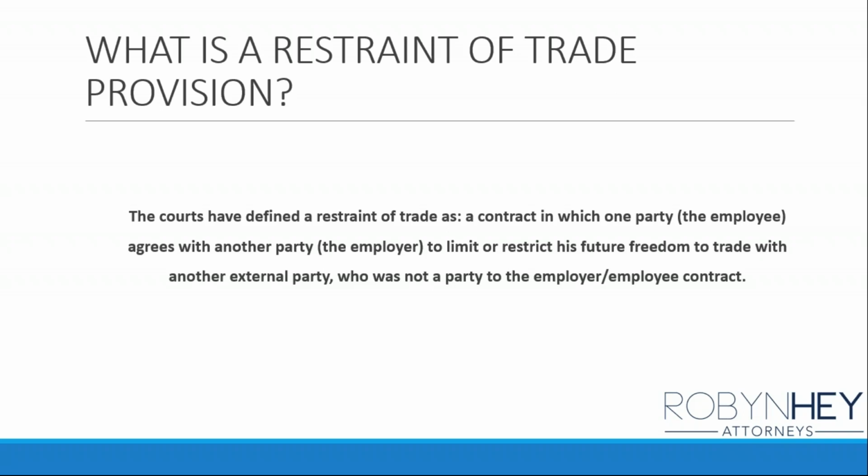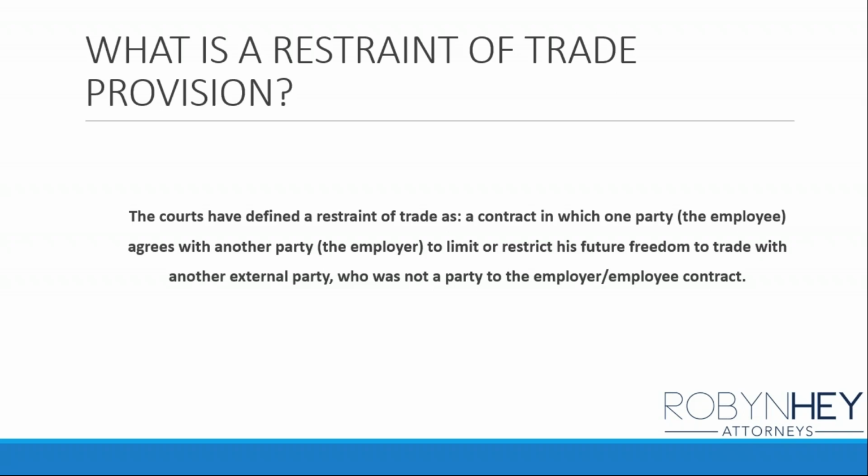So the courts have defined a restraint of trade as a contract in which one party, who is the employee in this case, agrees with another party, the employer, to limit or restrict his future freedom to trade with another external party who was not a party to the employer-employee contract. So for the purposes of this webinar, I'm dealing specifically with employers and employees, but there are other relevant parties that may be constrained.